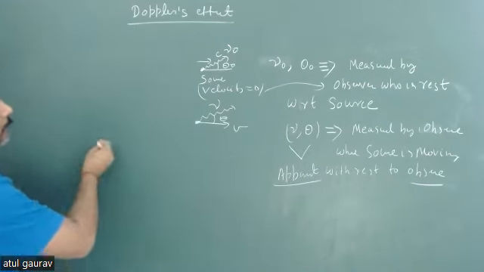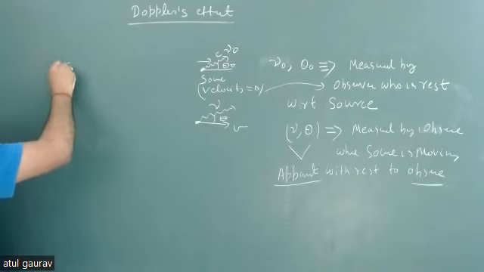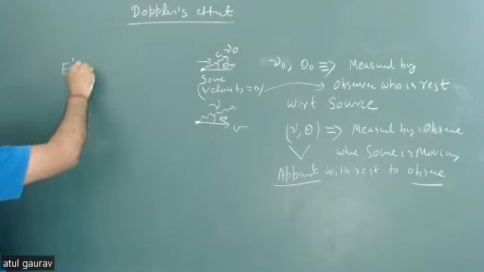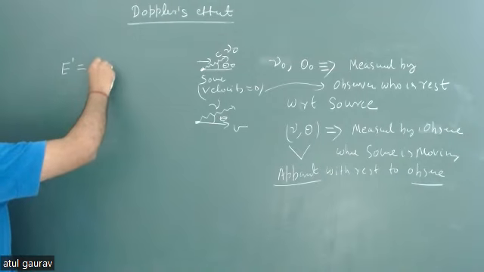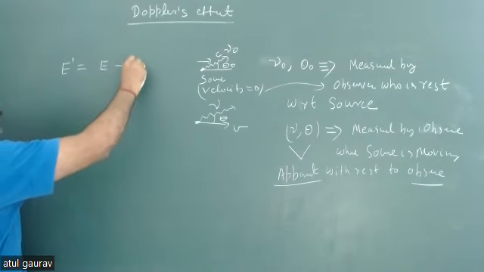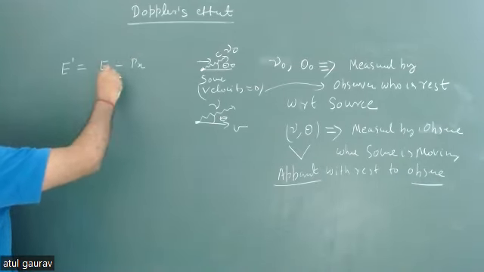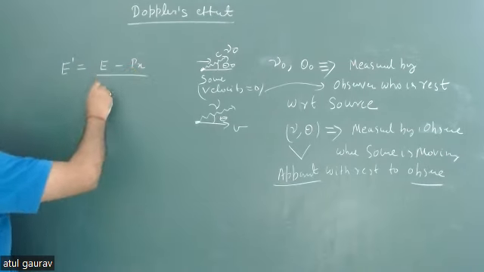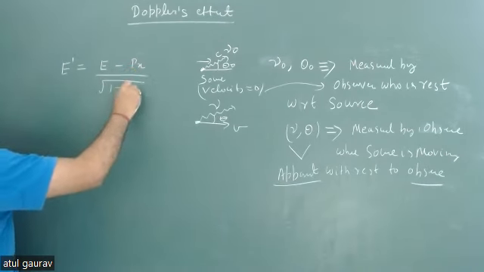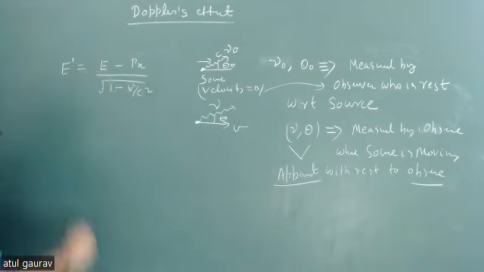So I am using this one. E dash is equal to E minus v px upon root under 1 minus v square c square.